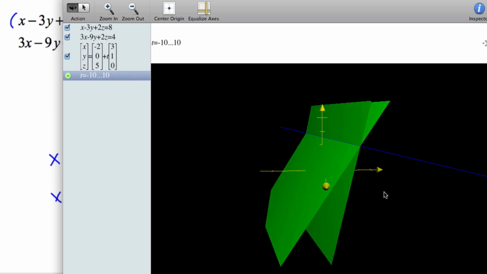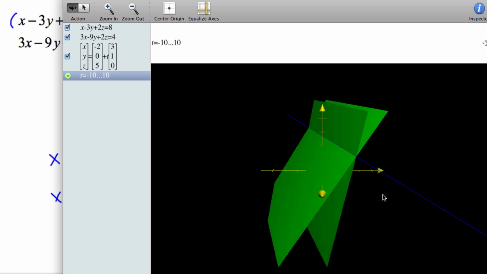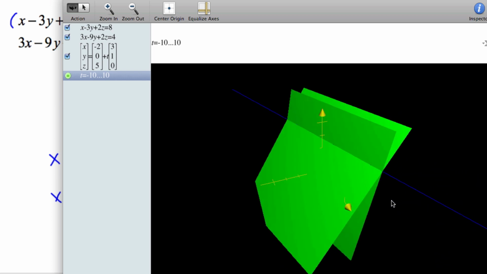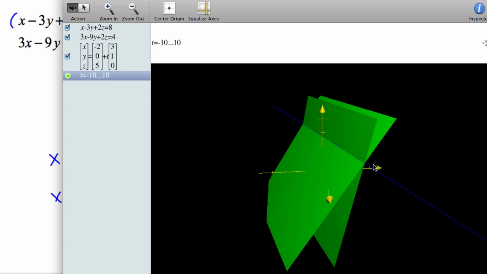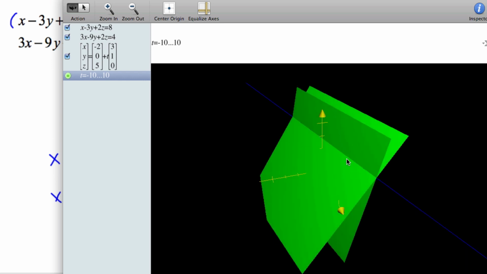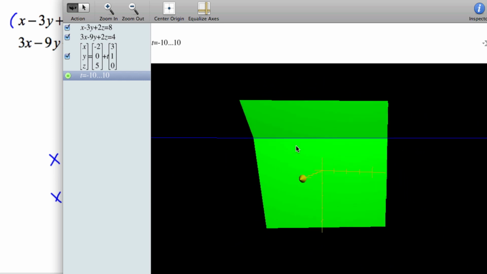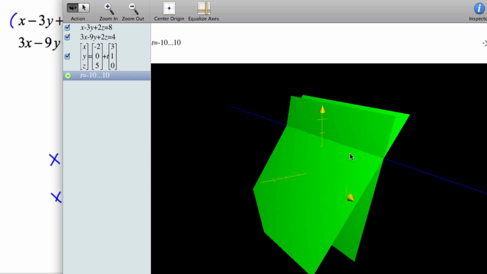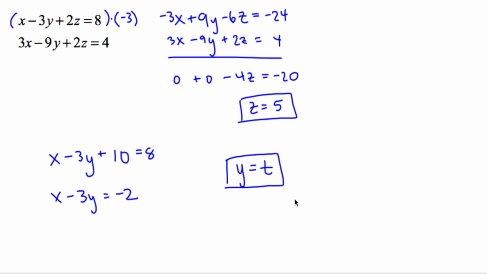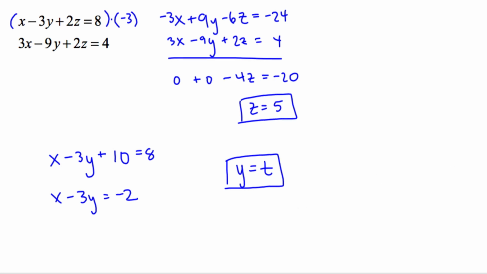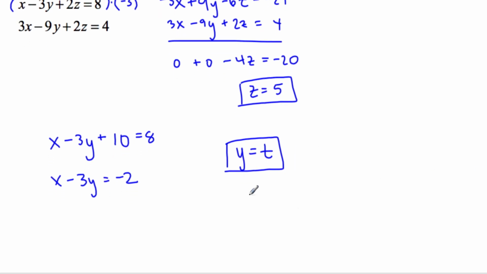Even though there's only one line going through those two planes, there are many ways to represent it. One way is if we let the t value always equal the y value. There's one time that the t value will be equal to the y value, and so we're going to start from there. That's a little bit of a jump, I understand, but just let y is equal to t.